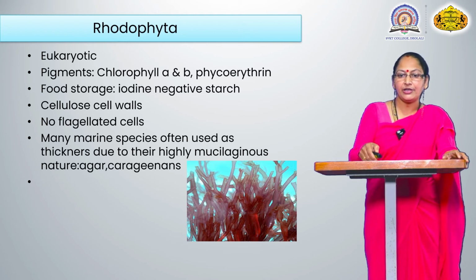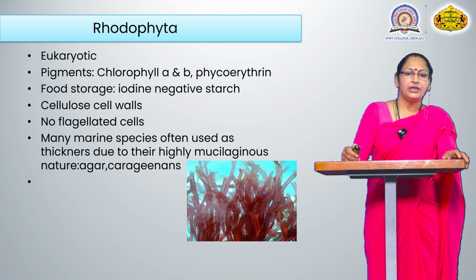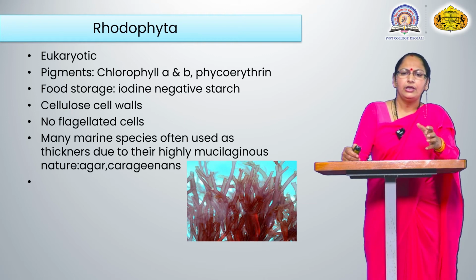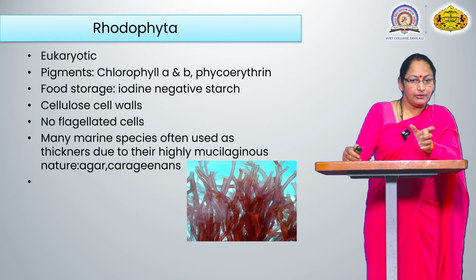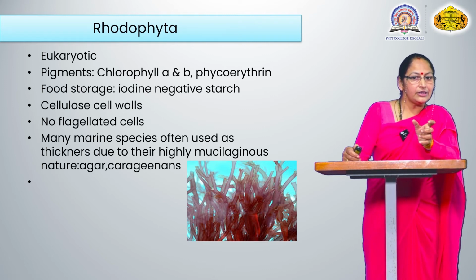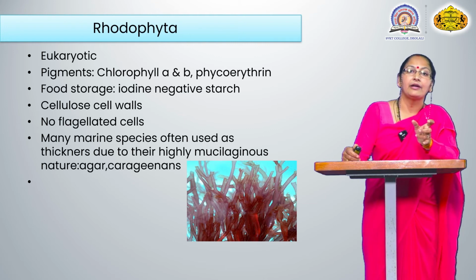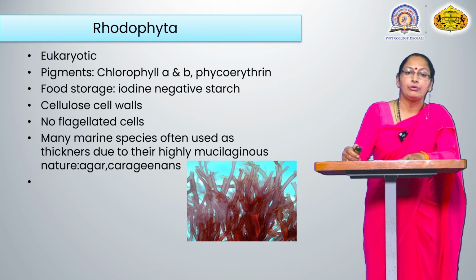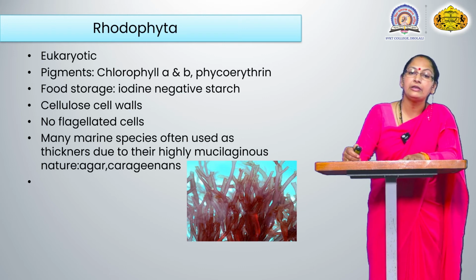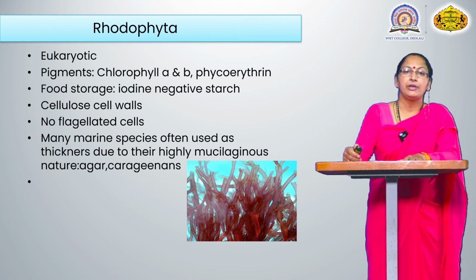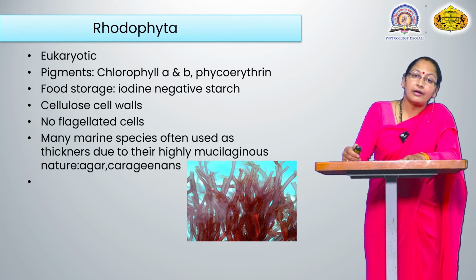That's why in the picture, see the red color. Total forms of the algae are present in water, aquatic in nature. In the picture the blue color is water and the red color algal form is present in Rhodophyta, with the help of which pigment? Phycoerythrin pigment gives the red color.